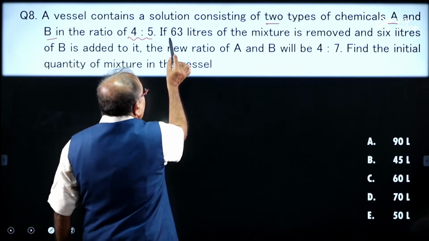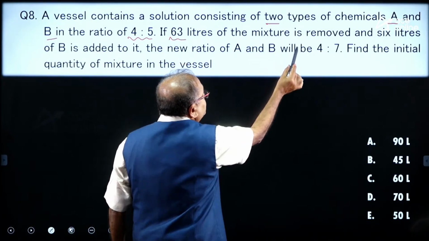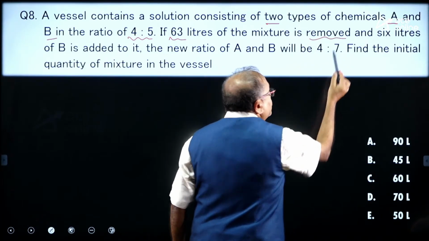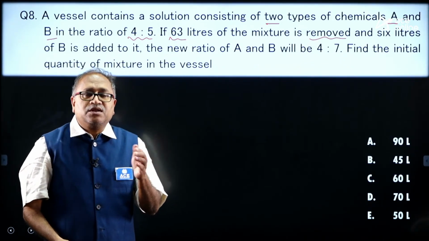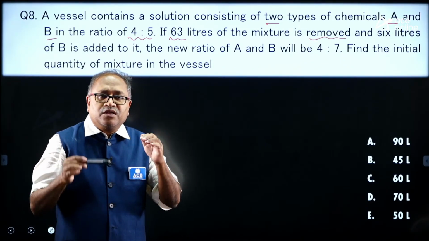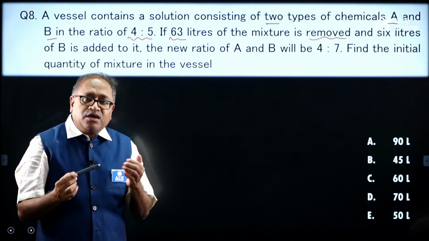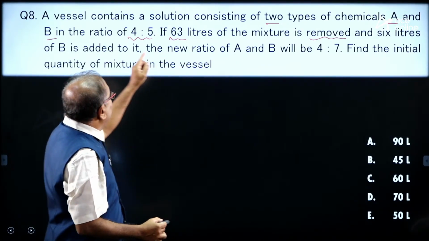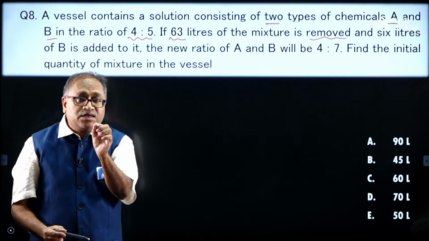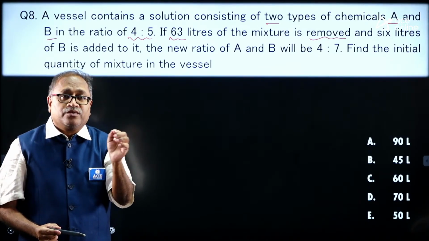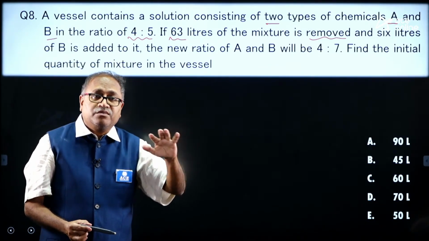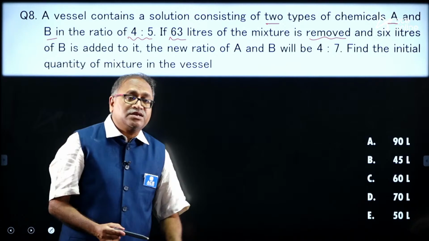The next, if 63 liters of the mixture is removed, then if you take out the 63 liters of mixture, in the remaining mixture, again the chemical A and chemical B will be in the same ratio. Quantity is reduced, but the combination will remain same.